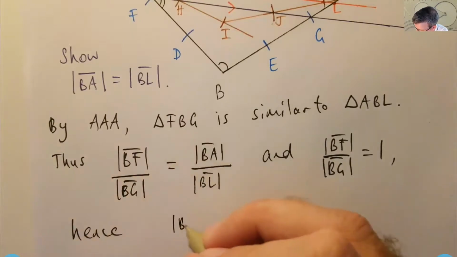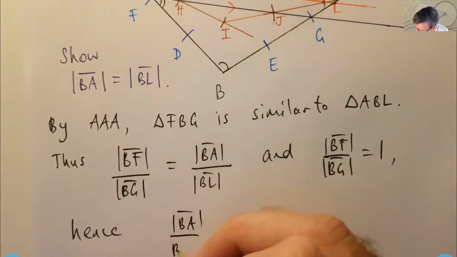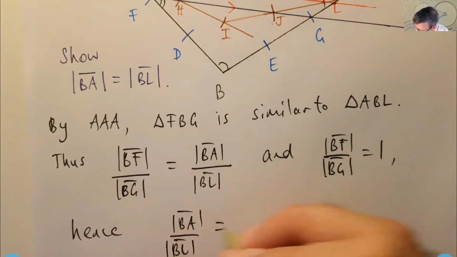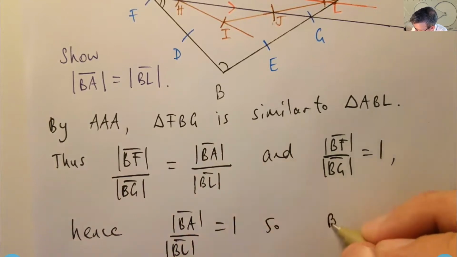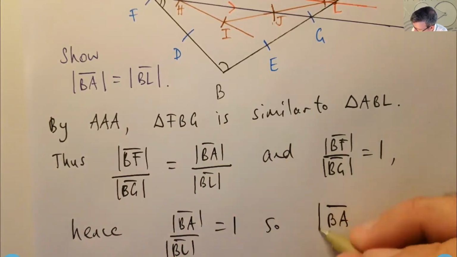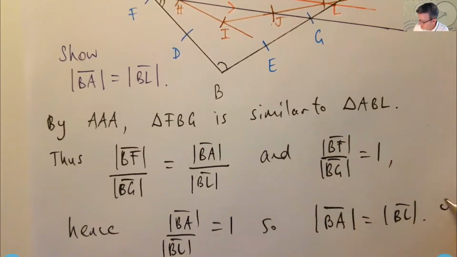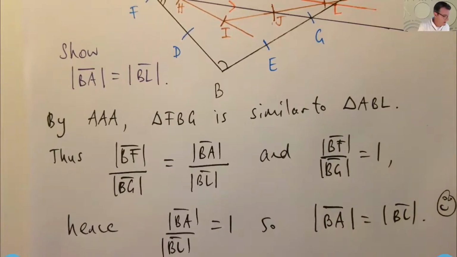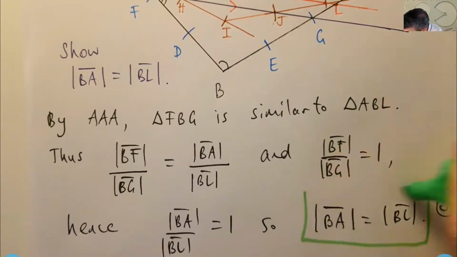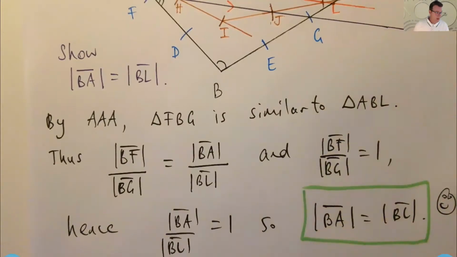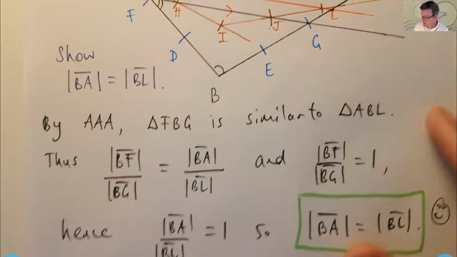And so the lengths have to be equal. That's it. Okay, so let me just highlight that because we're super happy. Okay, great. Now, that's the justification.